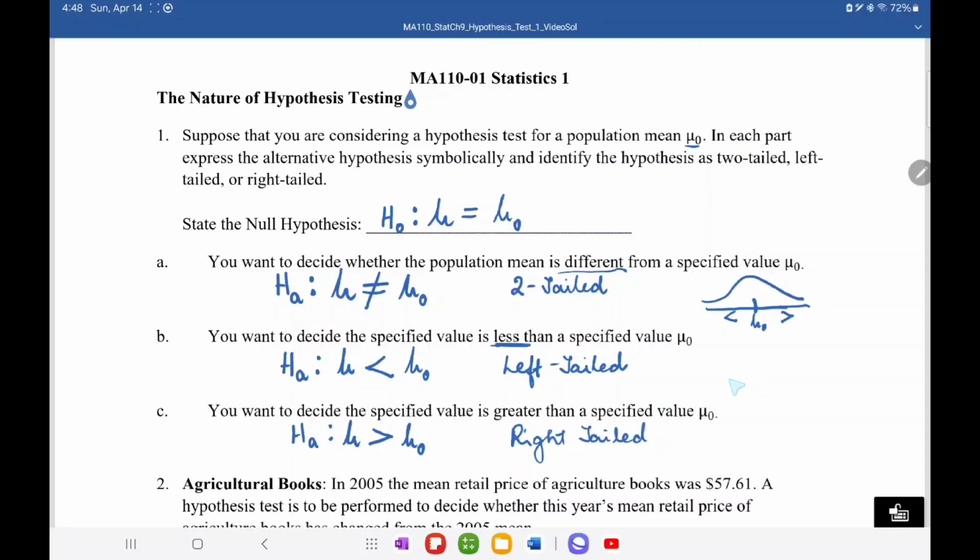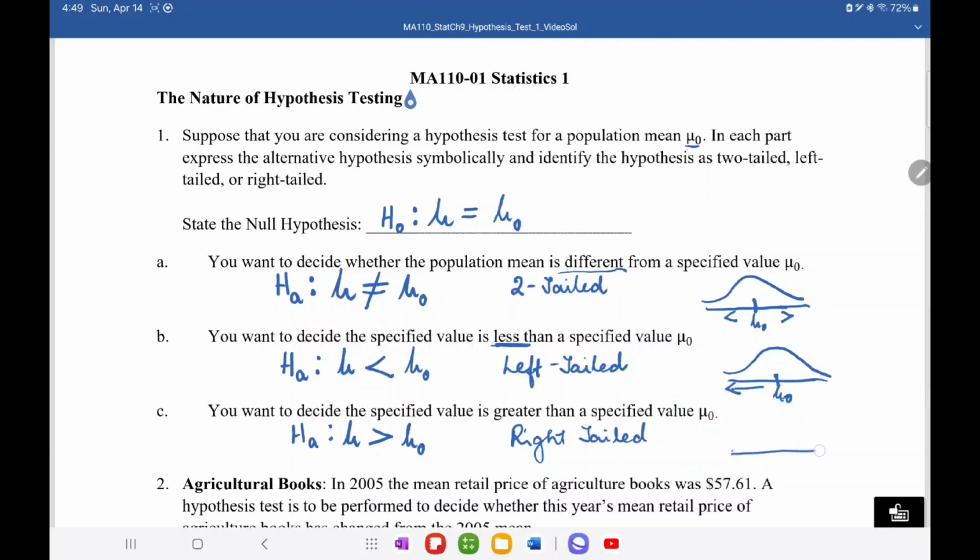In other words, with this diagram, let me do one for each of these two. So when the alternate hypothesis is stating that the population mean is less than whatever the null hypothesis mean is, then it's claiming that the population mean is a value to the left of the null hypothesis mean, and that's what makes it a left-tailed test.